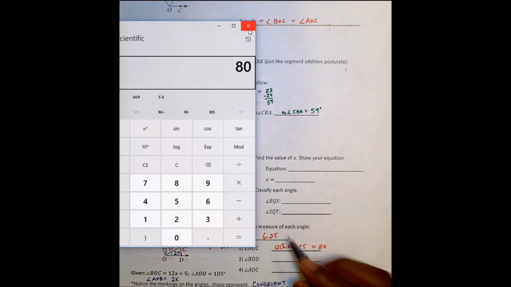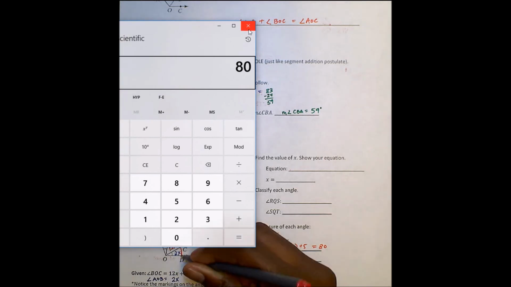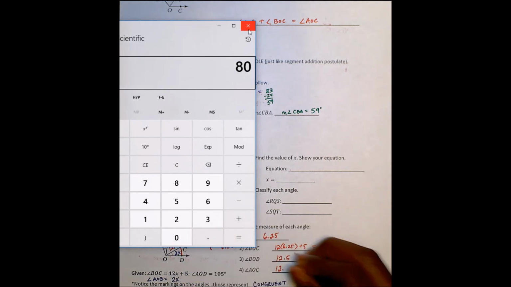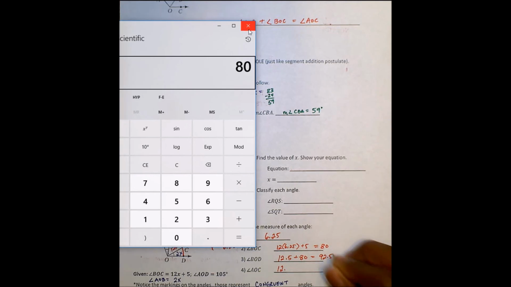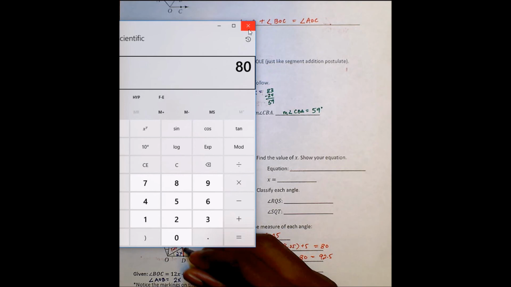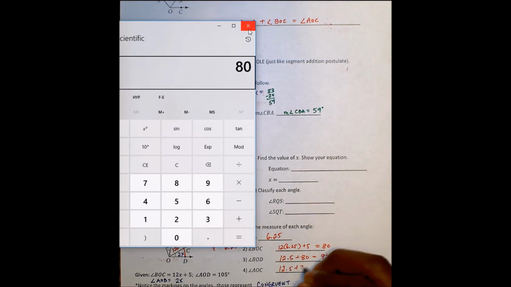And then 2 times 6.25 for both of these will be 12.5 and 12.5. BOD is talking about these two, so it'll be BOC, which was 80, plus 12.5, which is the 2x, which will give us 92.5. And then AOC will be the same thing because we're again adding 12.5 plus 80.